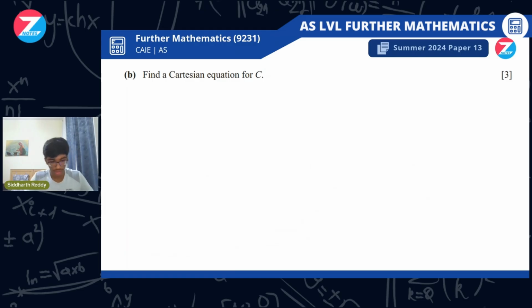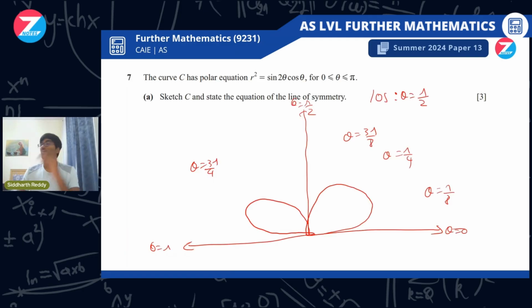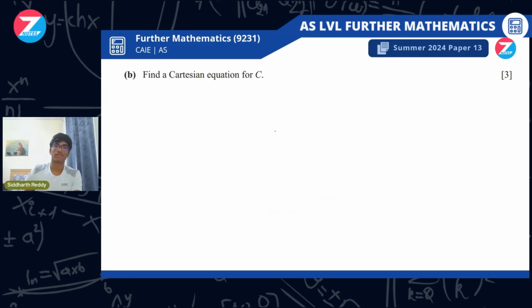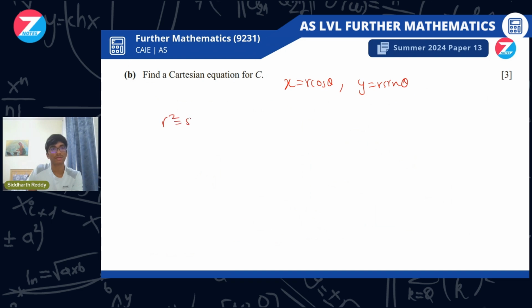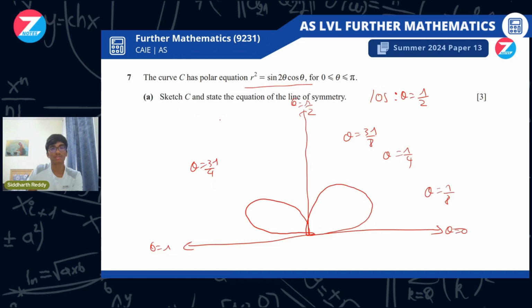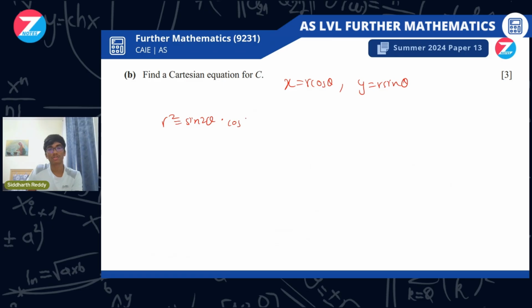Find a Cartesian equation for C. Okay, a Cartesian equation for C. So you should know these fundamental things. So x is equal to r cos theta and y is equal to r sine theta. So the equation they gave was r square is equal to sine 2 theta times cos theta. If you look in the formula sheet, they give this formula. Sine 2 theta is equal to 2 sine theta cos theta.